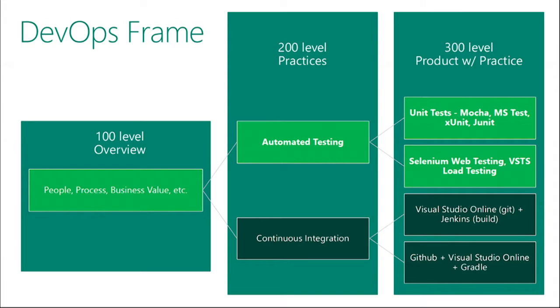That's where the practice of automated testing comes in. And then from there, you can map to a bunch of different tools and processes to actually implement that practice, like unit testing using Mocha or MS Test, Selenium web testing, load testing, etc. So that's what we're going to cover today.